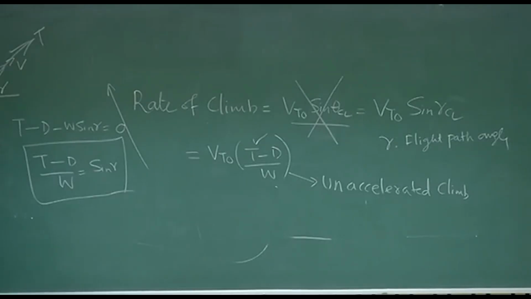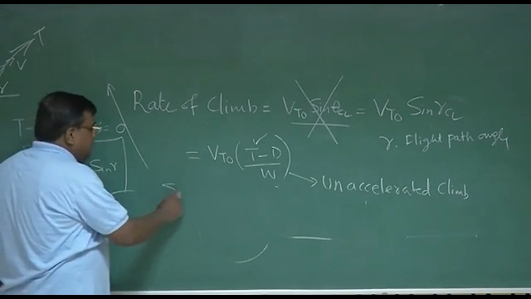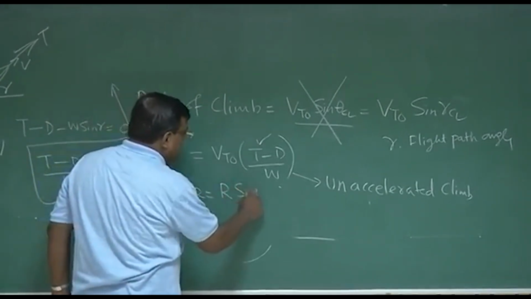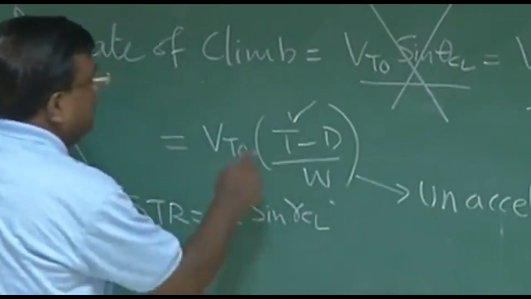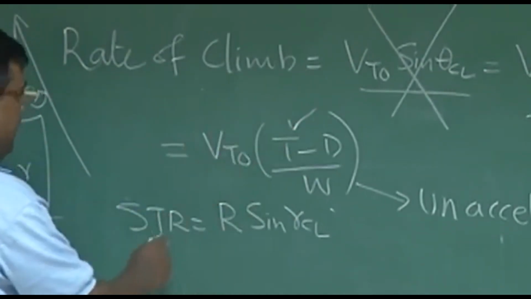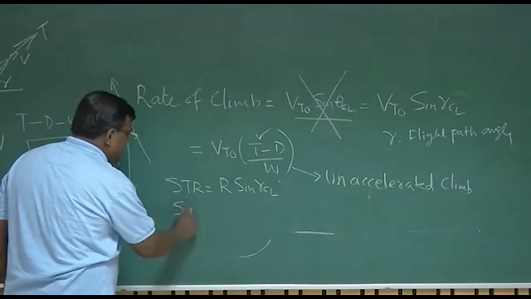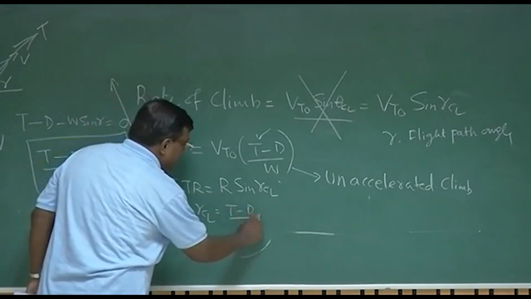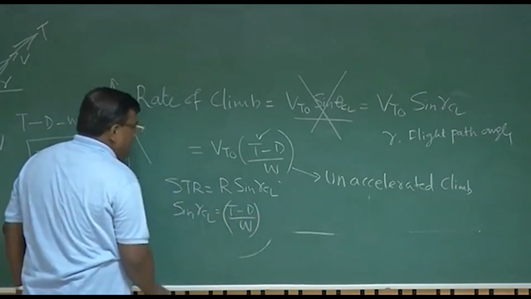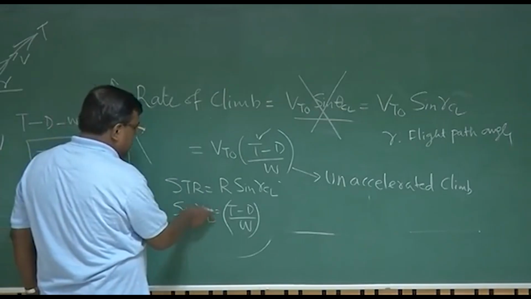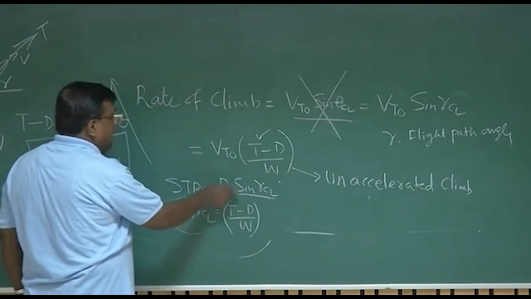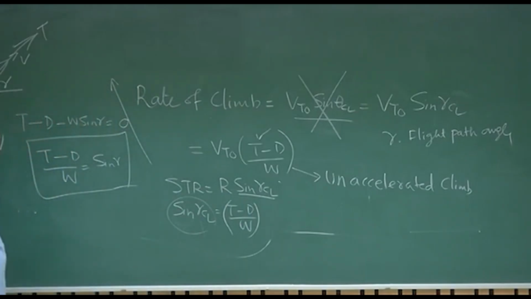Our aim is to find out S TR, and S TR is nothing but R sine gamma CL, and from this expression you can find out sine gamma CL is equal to T minus D by W. So I put the sine gamma CL value computed from here in this expression. R I have already found out, so I can find out what S TR is.